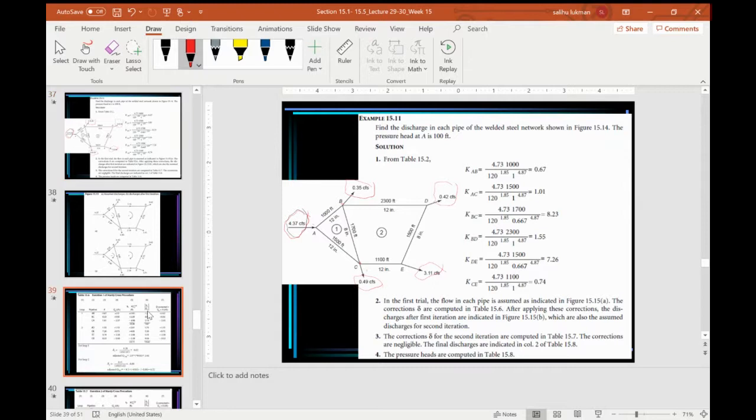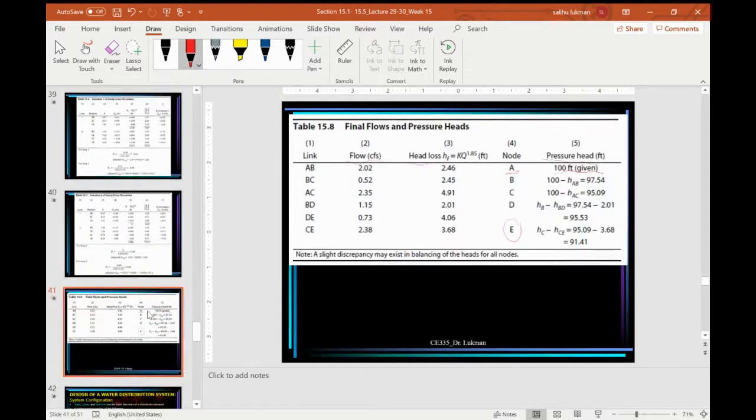You recheck the velocities in each pipe. How? You have the flow rate in the pipe. When you have the flow rate, you also have the pipe size, so you can find the velocity using Q equals AV.